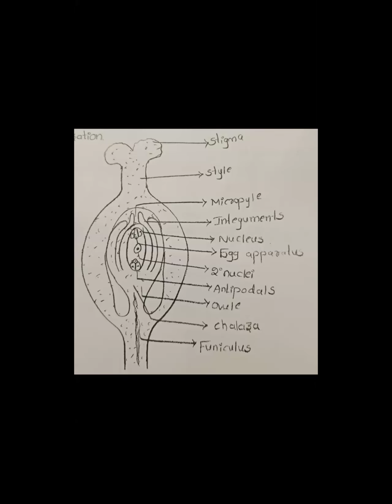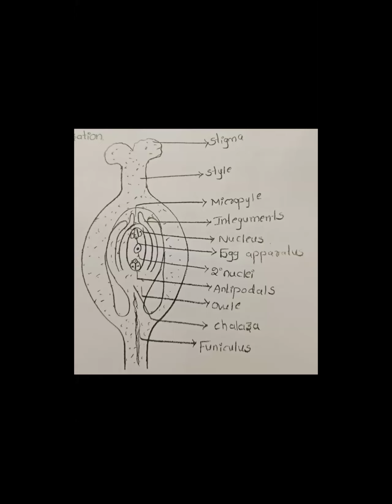See here in this diagram, it is very clear. The basal swollen portion is called the ovary. The ovules are present in the ovary, the median elongated part is called the style, and the apical pollen receiving part is known as the stigma. The ovules enclosed in the ovary develop into seeds after fertilization.